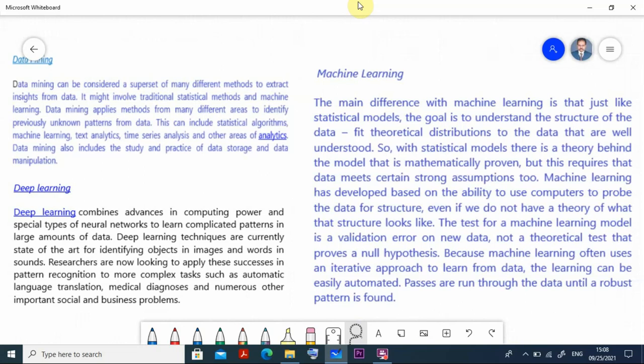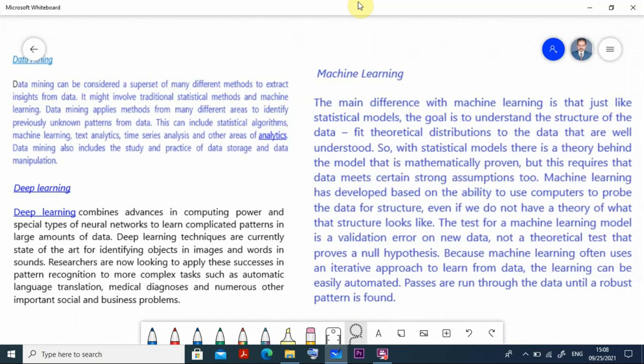Okay. So machine learning and deep learning are related. What is data mining? Data mining can be considered a superset of many different methods to extract insights from the data. You get it now? The entire world is flooded with data, but information is more important. How we can get the insight from this data is taken care of in data mining.